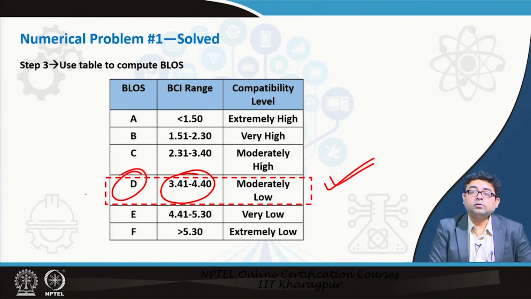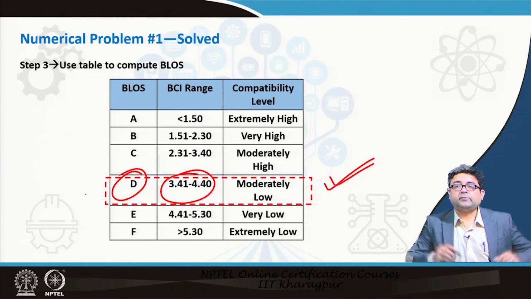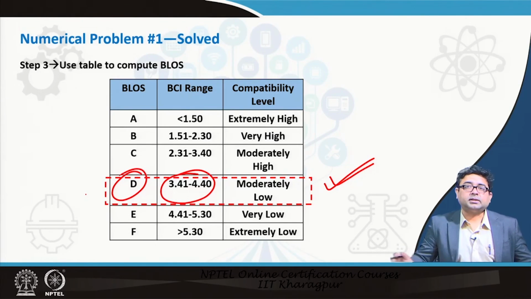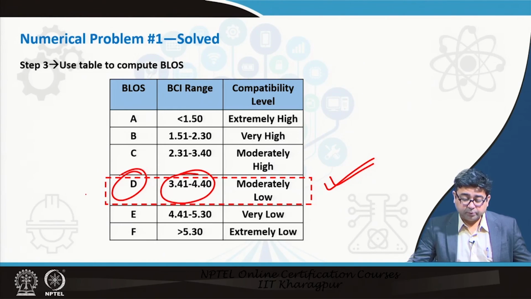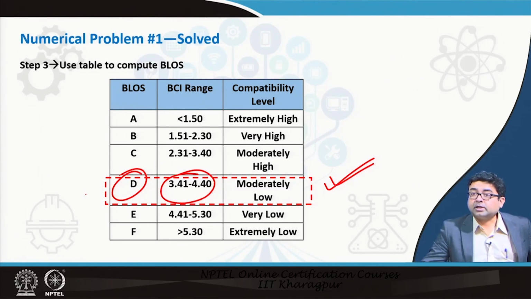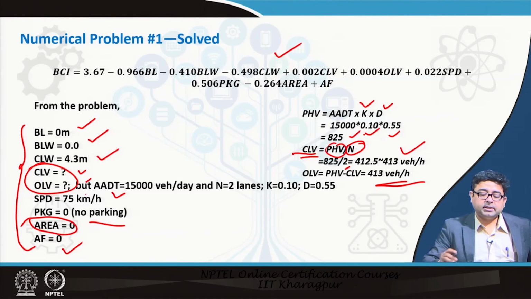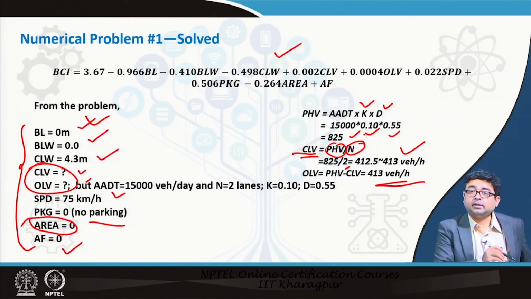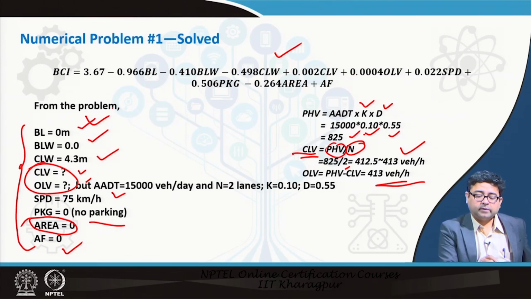So, you can now say that for an average bicyclist bicycling on this road, the compatibility index is very poor or moderately low. A number of other steps have to be taken, and if people ask you what steps you might take, you can tell them that based on these equations you possibly have to put in a bicycle lane there, demarcating a bicycle lane of a certain width.